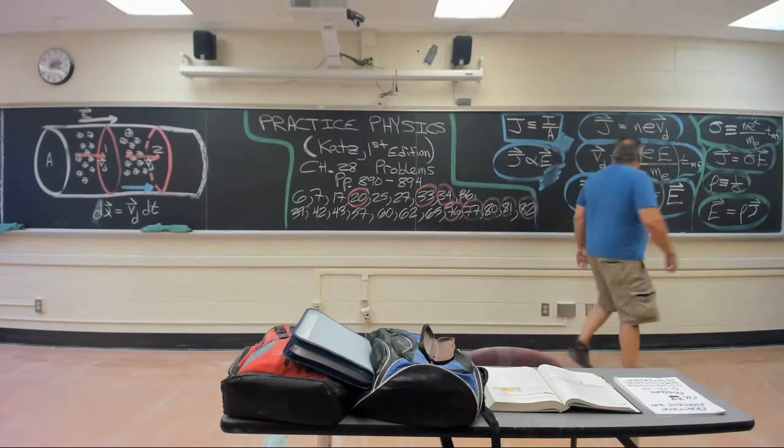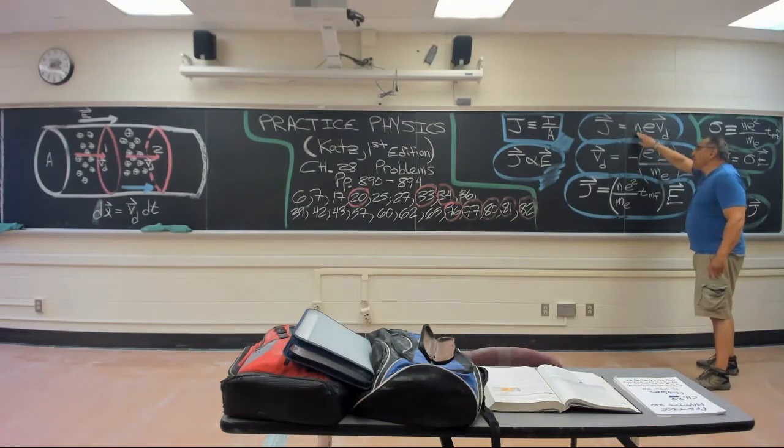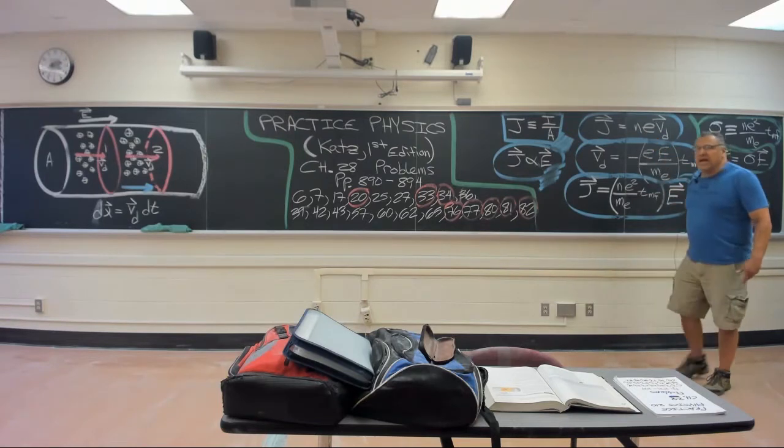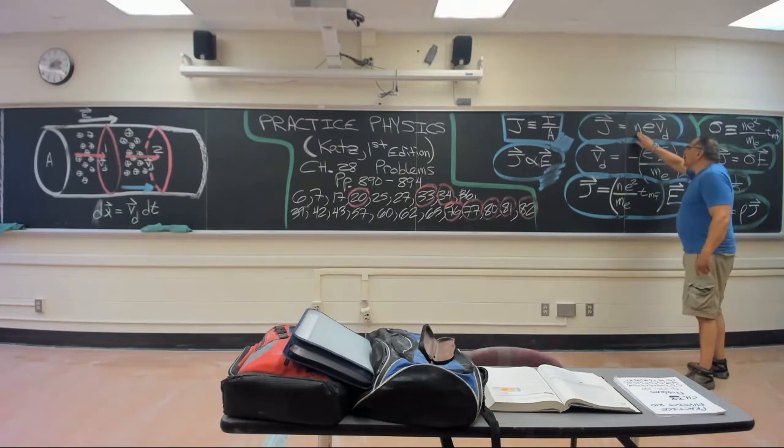We are going to end up showing that the current density is going to be N times E times V sub D. The charge per carrier, they call it E, is 1.6 times 10 to the negative 19th coulombs. That is the charge E, and N is the number of charges present in a given unit volume, the charge density per unit volume.